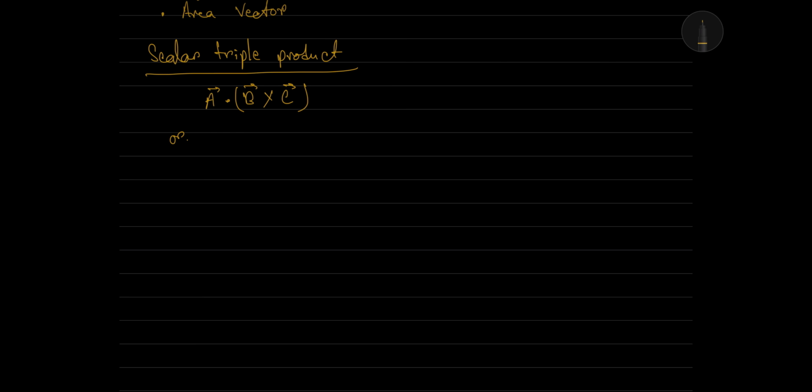Now let's talk about the scalar triple product. We can consider A vector, B vector, and C vector. The scalar triple product will be like this, A B C, and the calculation will be very easy.